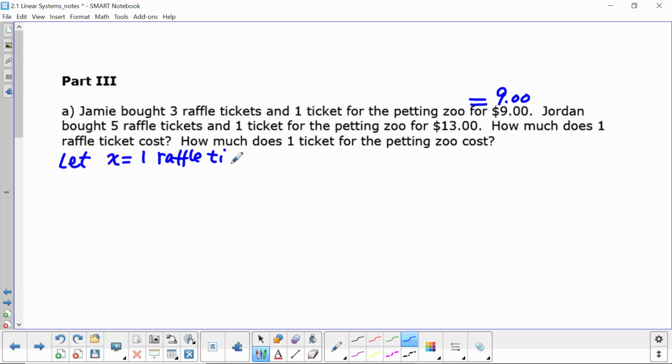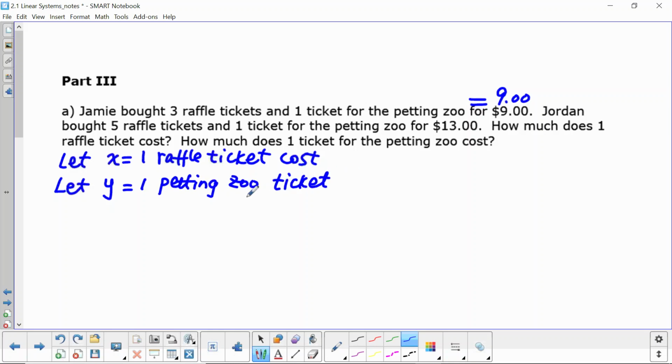Okay, then let y equal, so we need to introduce a variable in order to set up the equation. The second one asks how much does 1 ticket for the petting zoo cost. We just read, okay, it's 1 petting zoo ticket cost.